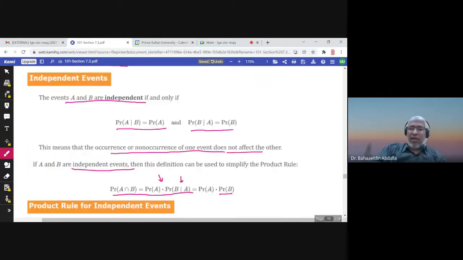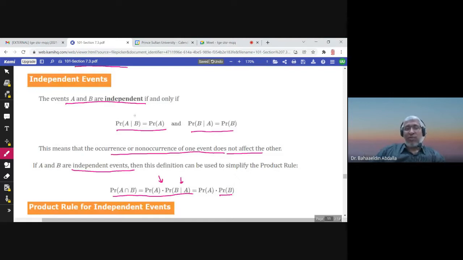And we can also add it here. So we can say that the two events are independent if probability of A intersection B is probability of A times probability of B. So if you find that probability of A intersection B equals probability of A times probability of B, this also means that A and B are independent.